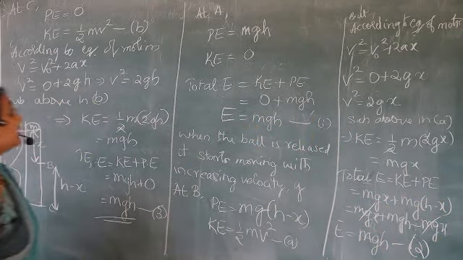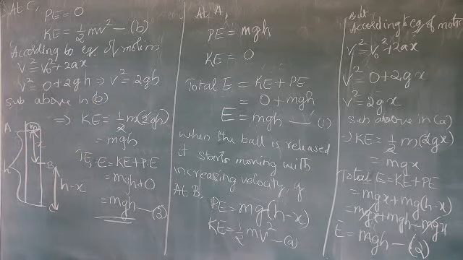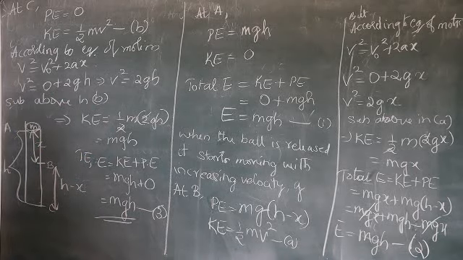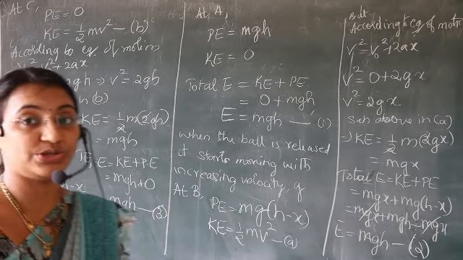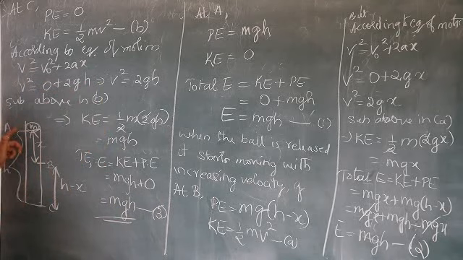Mgh. Next, at the point C, when it comes down and reaches the point C, it will have maximum kinetic energy and minimum potential energy just before reaching the ground. So again, using the equation of motion, v square is equal to v naught square plus 2gx, where x is the height h from A to C. So v square is equal to 2gh.